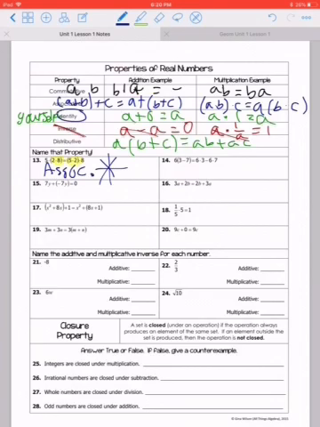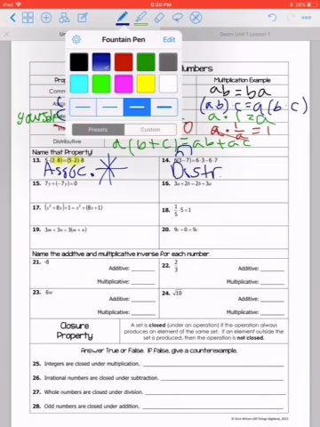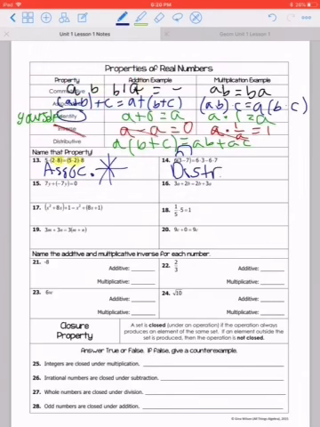So if you look at 14, we are distributing 6 times (3 minus 7), giving 6 times 3 minus 6 times 7. 15, think about how you would get 0. 7y plus negative 7y, those cancel. That's an inverse. And we are adding there.